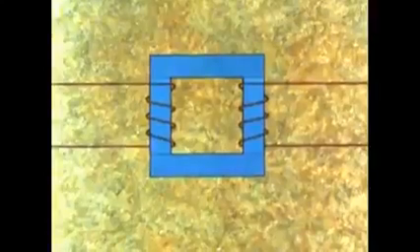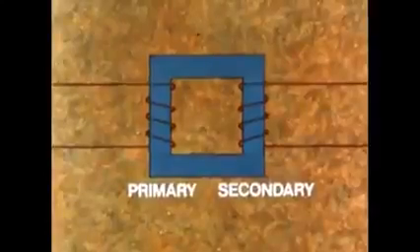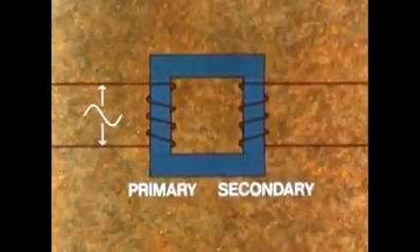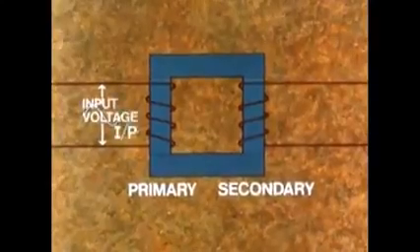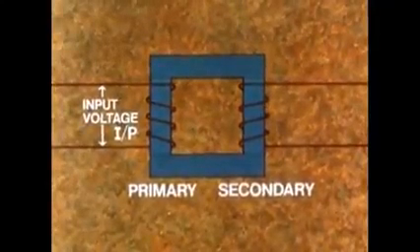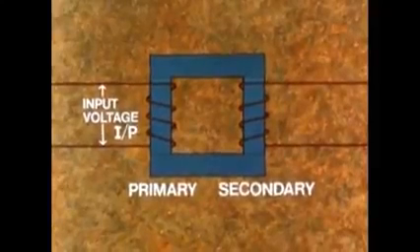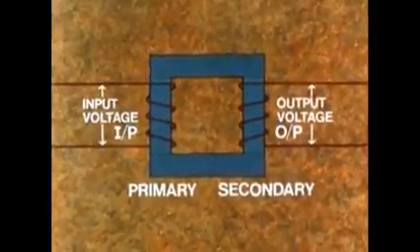And this is how a transformer is constructed. We call the first coil the primary coil and the other one the secondary coil. The alternating voltage applied to the primary coil is the input voltage, IP. And the alternating voltage produced in the secondary is output voltage, OP.